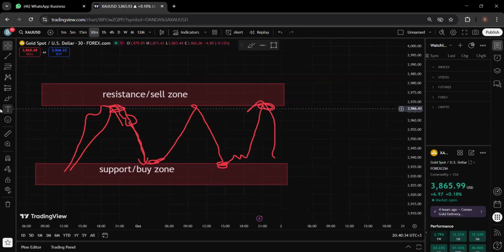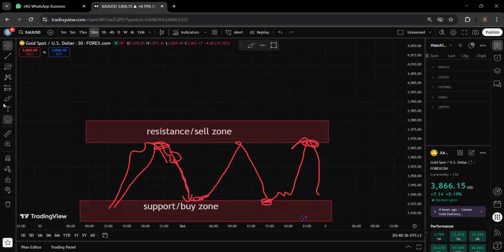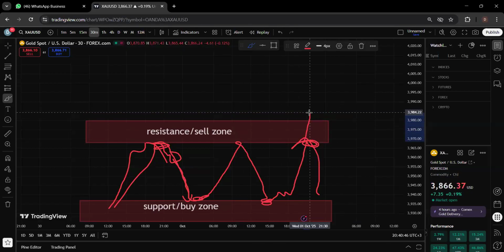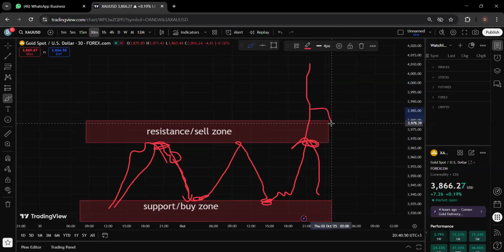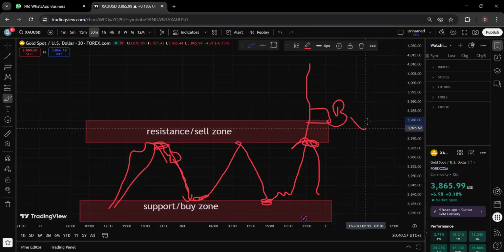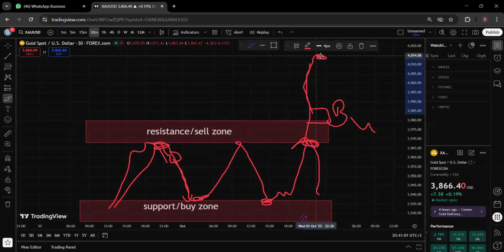Now, in case this market breaks above your resistance, this was our sell zone. In case of a breakout, I said the candle must close above with a body. If a candle closes above the region, this is a nice opportunity for you to buy. So this becomes a buy zone. You buy here and wait; if there is already existing resistance, you can target that area.